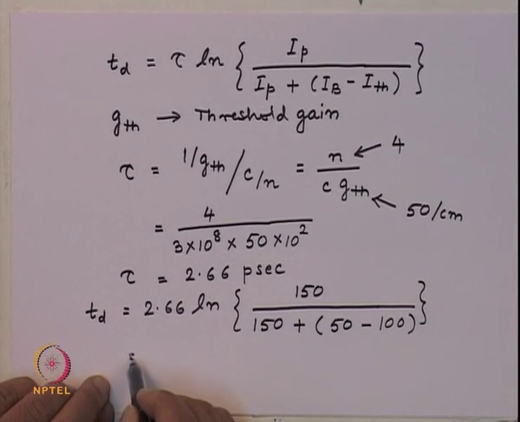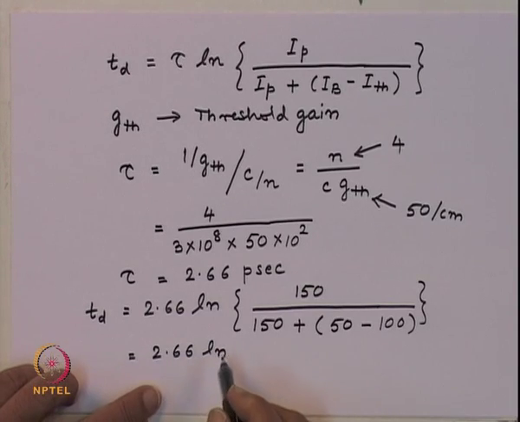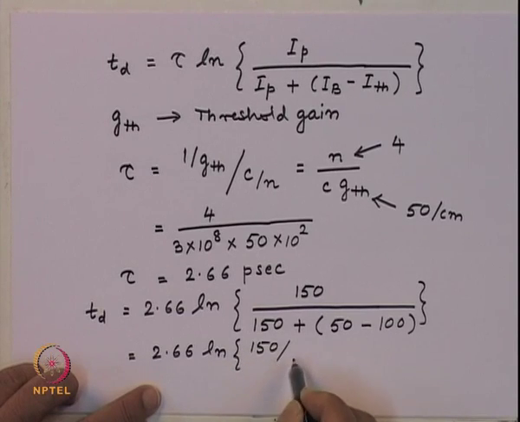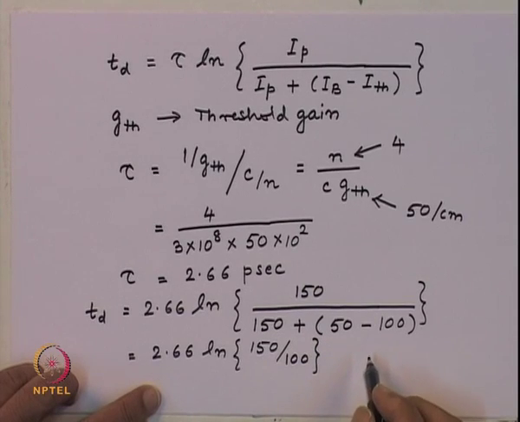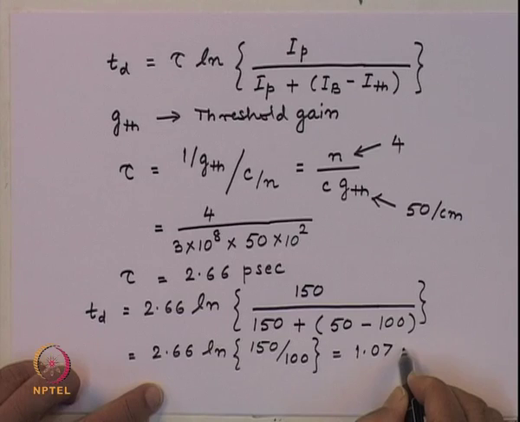So, that is equal to 2.66 ln of 150 divided by 100, which is equal to 1.07 picosecond.